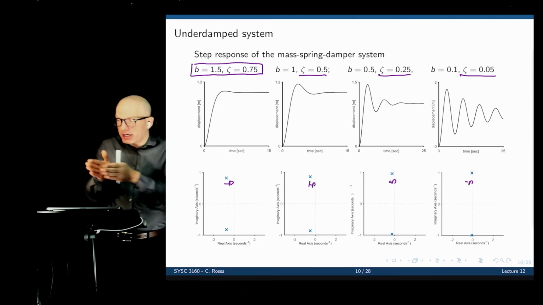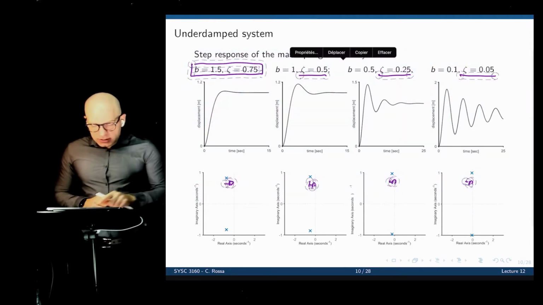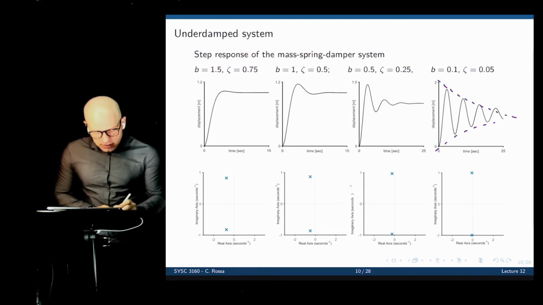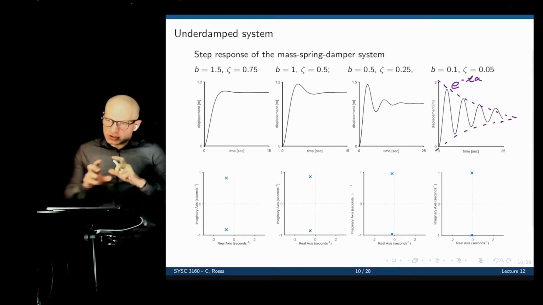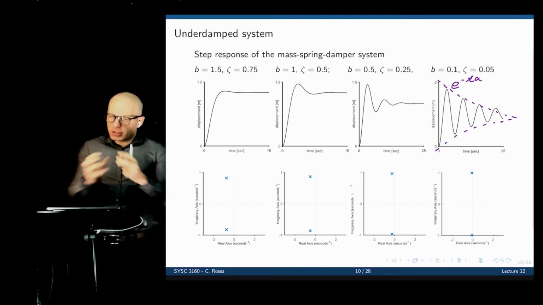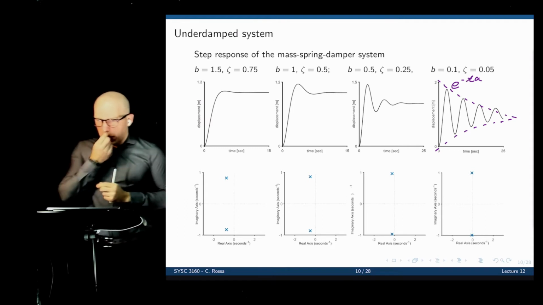See how the real part slowly decreases. We can clearly see this in the last one, because here you see the exponential component. This envelope here is an exponential component times a constant. And you see that inside of that envelope, we have a sinusoidal waveform. But because they multiply one another, then it's low here.